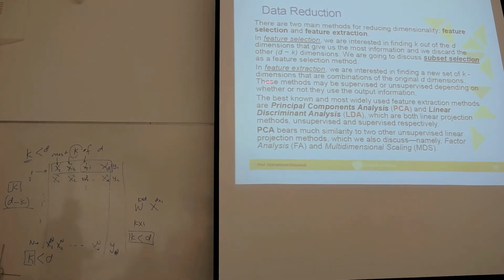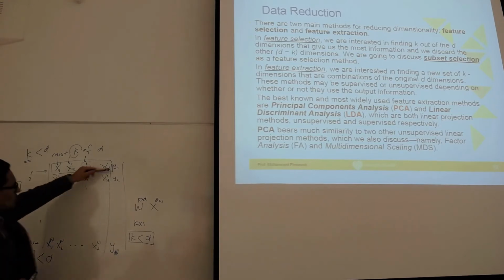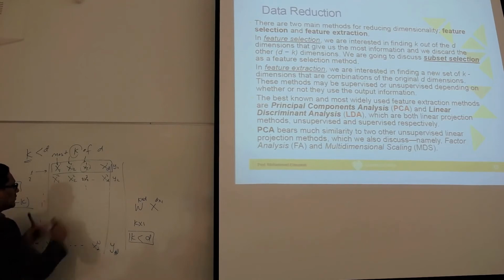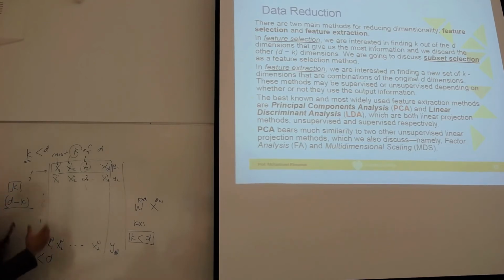Actually, we have two kinds of feature extraction. The first is unsupervised, so we don't need to look at the output. We just look at the data, and then we reduce the size of the data by using principal component analysis, projecting this data into a lower or smaller dimension.